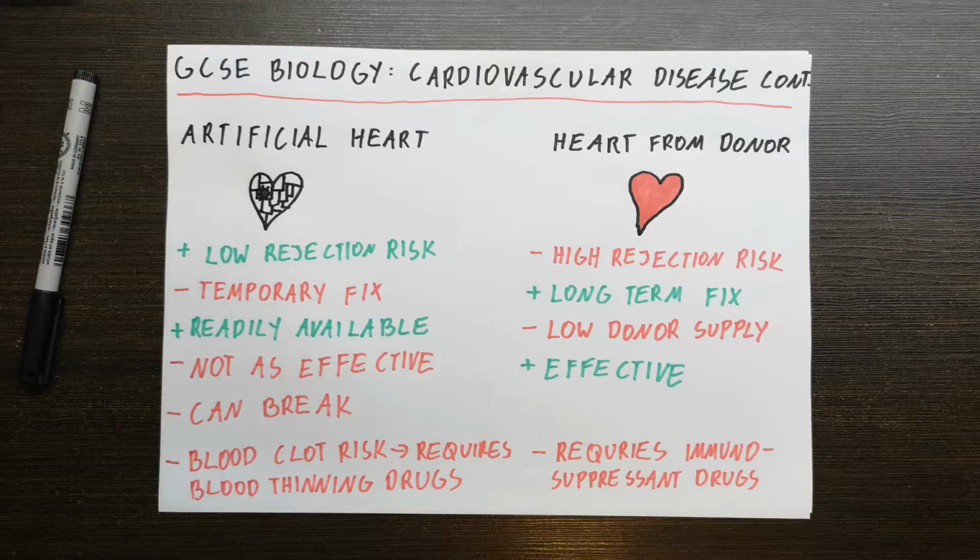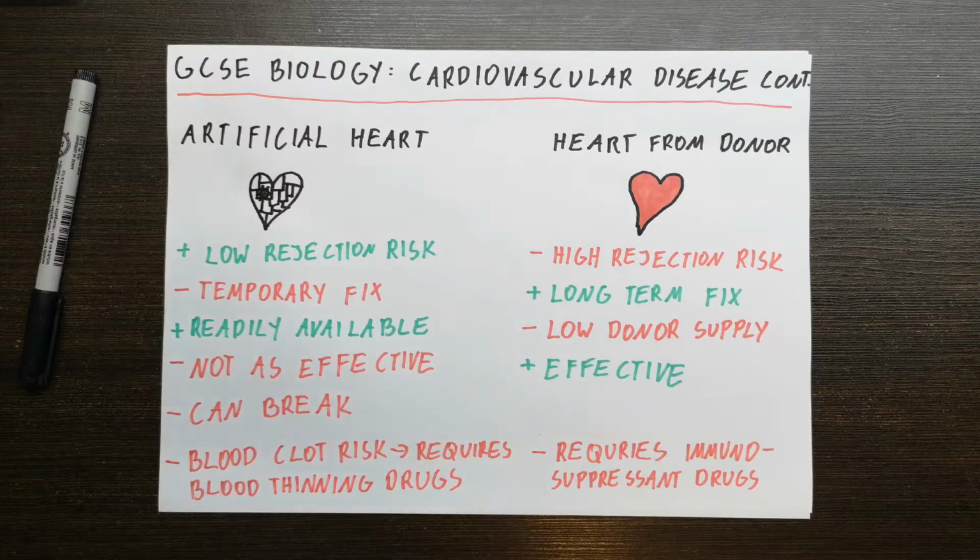Back to artificial hearts. Artificial hearts carry a blood clot risk, like I already mentioned, because that heart is not made from the same material that a real heart is. So, because of that, people having artificial hearts will require blood thinning drugs, which can be a problem for some elderly people because those drugs can have nasty side effects.